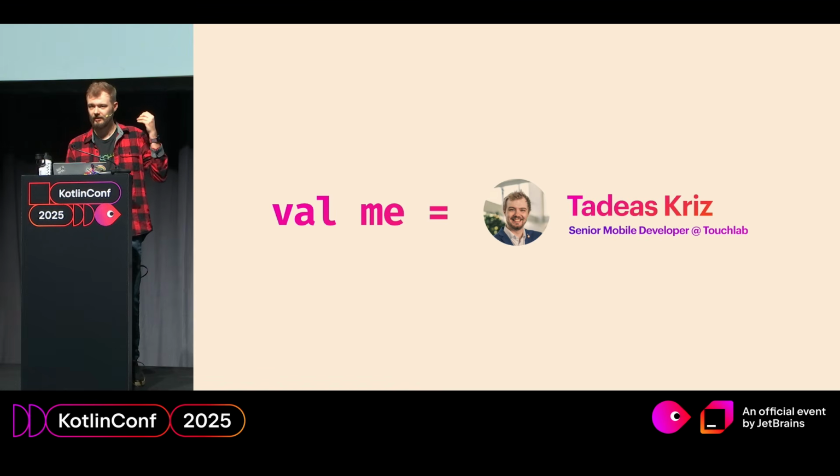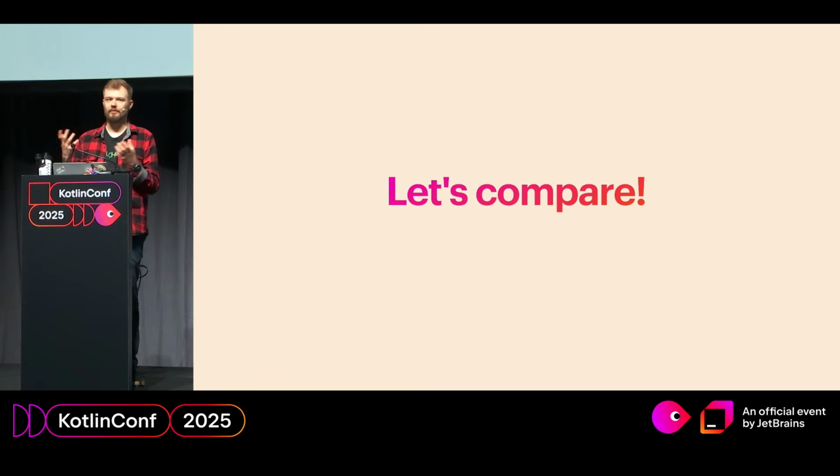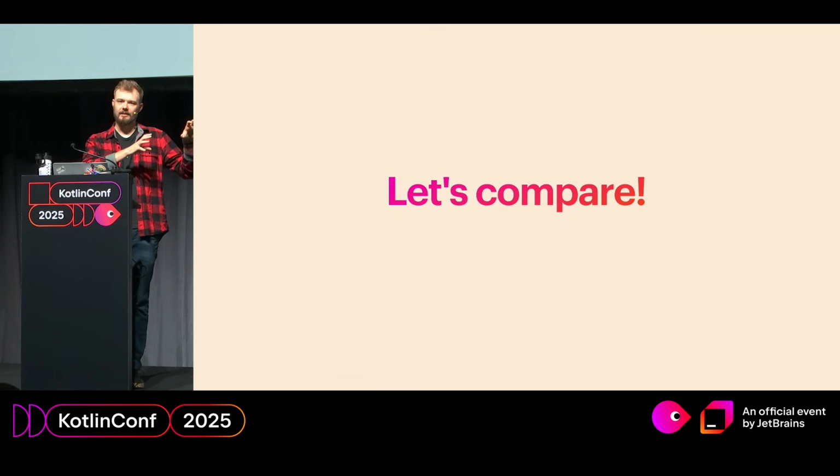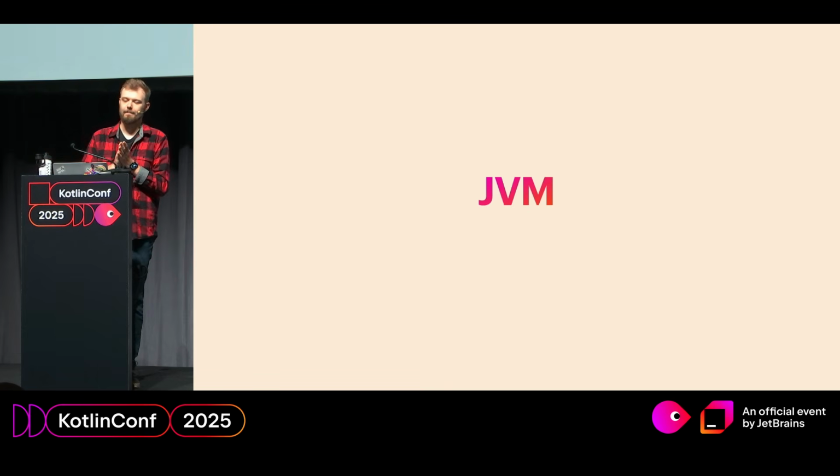And we'll go to comparisons first, because I'm hoping that even though most of you probably know how the JVM and its internals work, it's always good to take a look at it and then see how it works on the other side. We'll start with JVM because I wanted to put them side by side, but honestly, I would not be able to fit them on the slides to compare. So we'll go to JVM first, then native, and then we'll apply all those things to Kotlin Native.